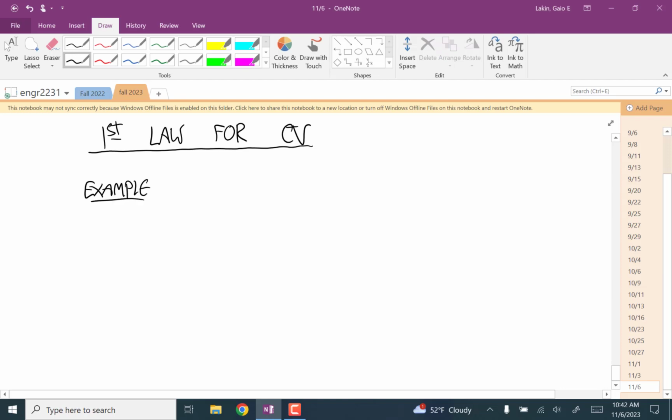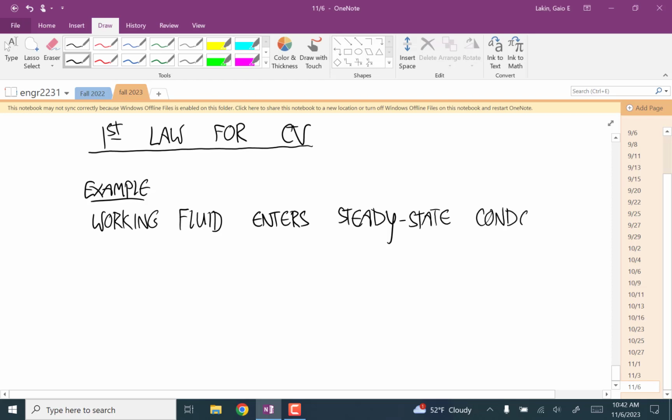Okay, so let's say that you have working fluid enters a steady state condenser at a quality of 0.6, a pressure of 0.2 bar, and a mass flow rate of 4 kilograms per second.